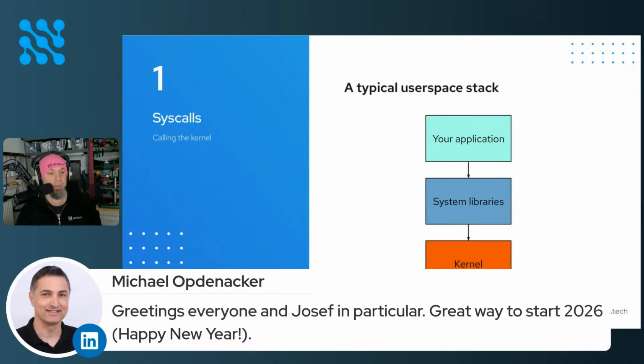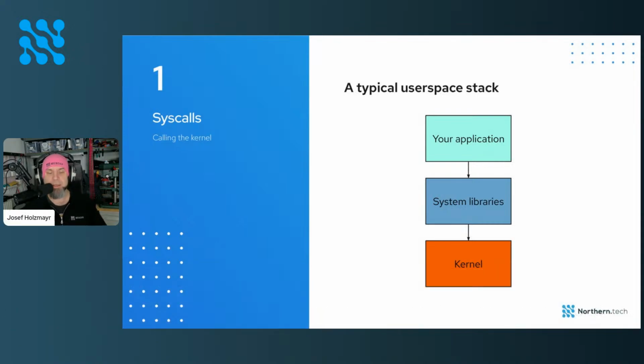So, a typical user space stack in Linux and in probably most other higher level operating systems, let's put it like that, looks roughly like this. You have an application which is sitting on top of everything. Then it calls into library functions.